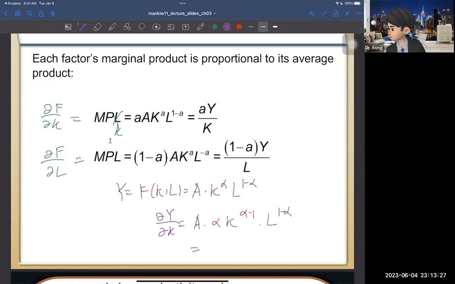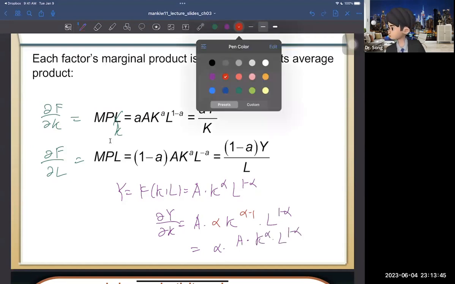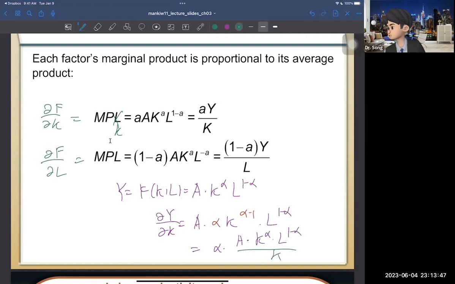When you arrange this equation, you have alpha times A times K to the power of alpha times L to the power of 1 minus alpha, divided by K. Then this is the same as alpha times Y over K. So that's why we have this one.